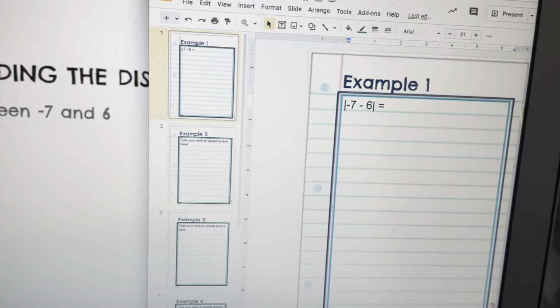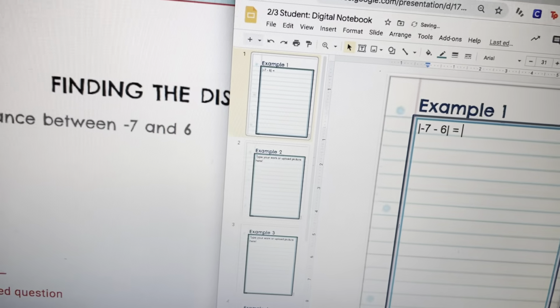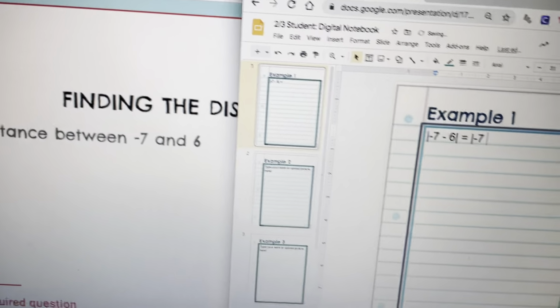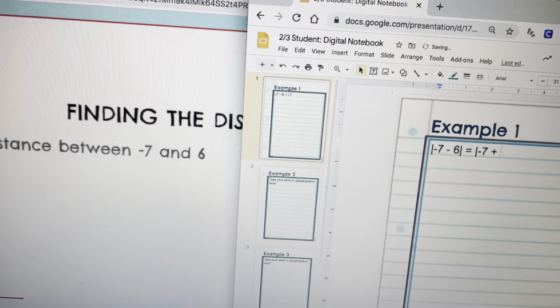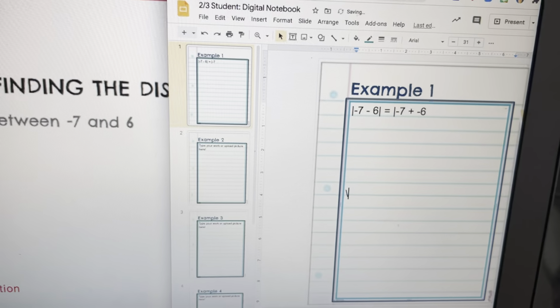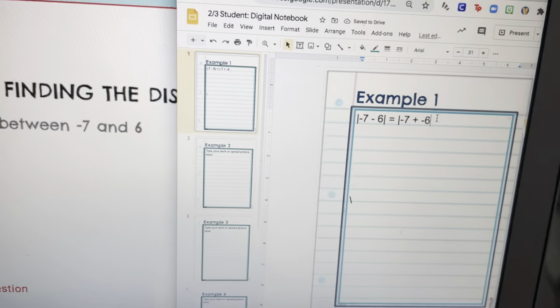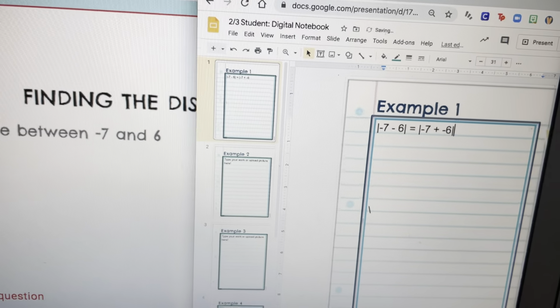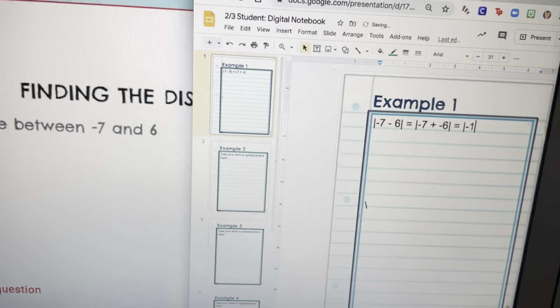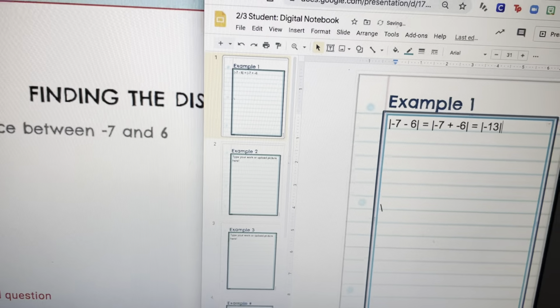And feel free to type this, right? If you're using the digital notebook, you would type -7 plus -6, and so on. You could do this yourself, but I'm just showing you that it is possible to show your work without paper today. And it would just look like that, which equals 13.